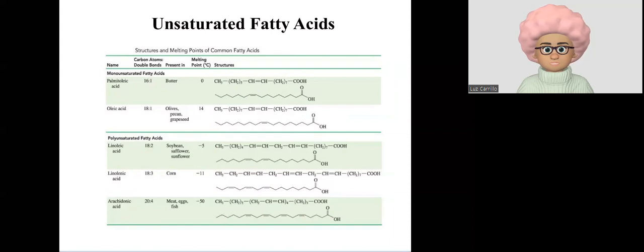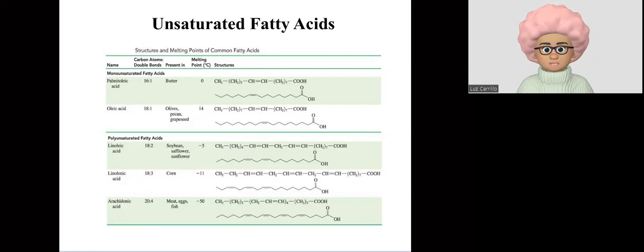When it comes to unsaturated fatty acids, it's important to note that these molecules are called unsaturated fatty acids because when we look at the carbon-carbon and carbon-hydrogen bonds, they contain at least one or more carbon-carbon double bonds.